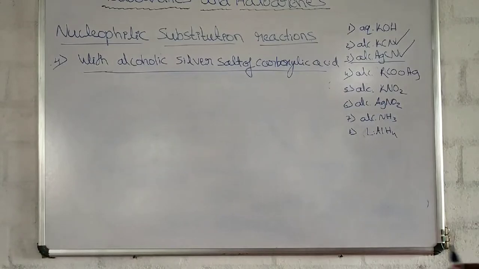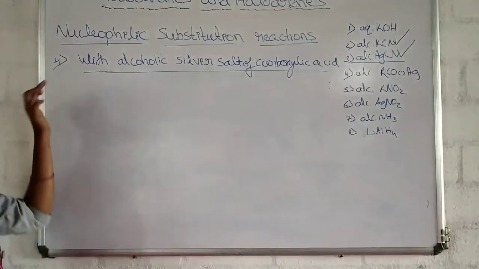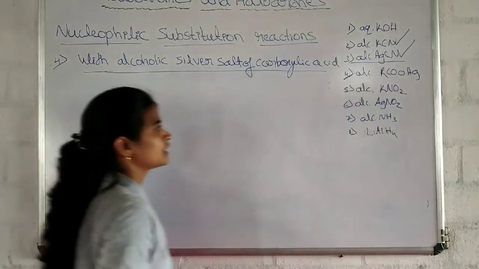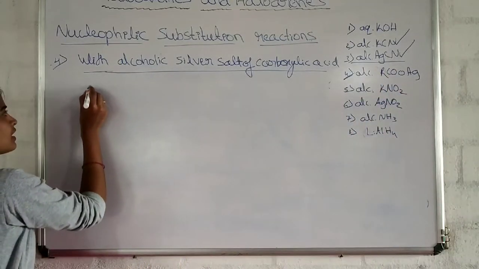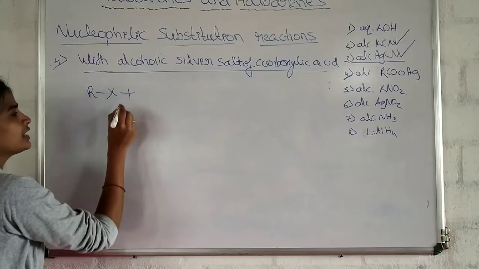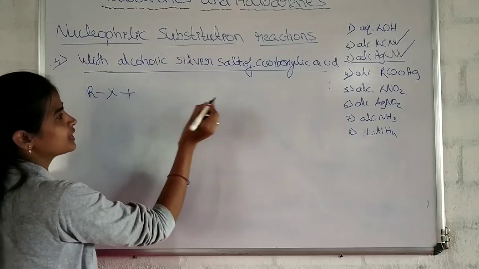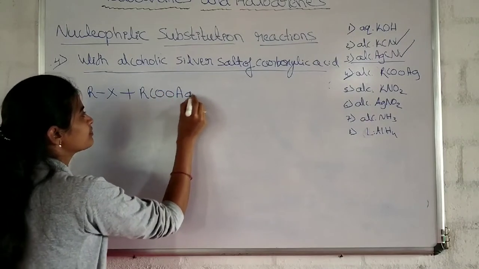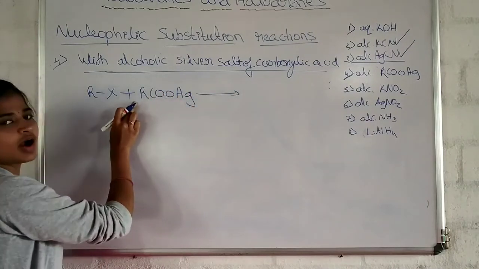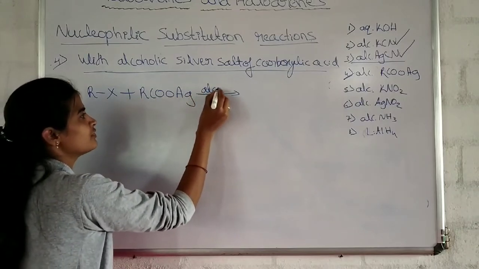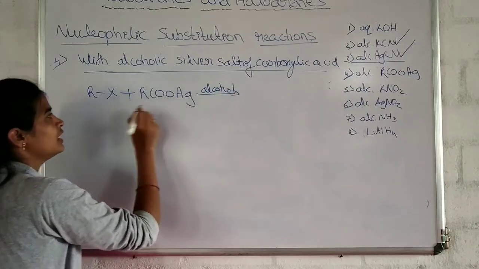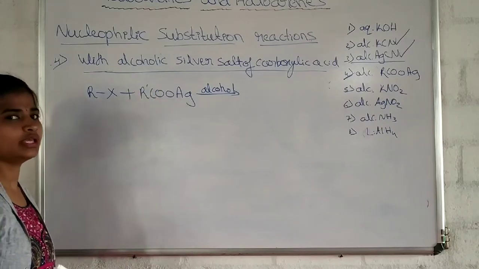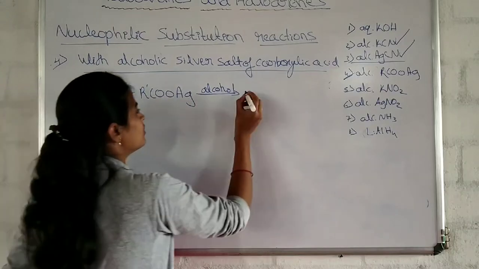Okay. Now you can see the next one, with the alcoholic silver salt of carboxylic acid. Fourth one. When alkyl halides are treated with alcoholic RCOOAg, silver salt of carboxylic acid, in the presence of alcohol, what does it form?